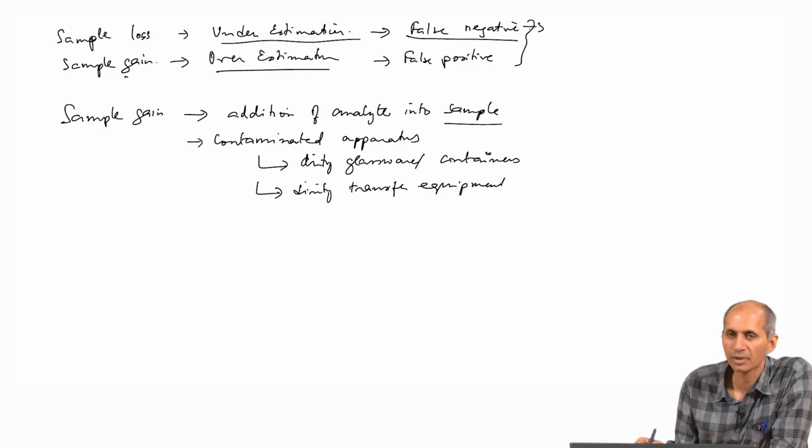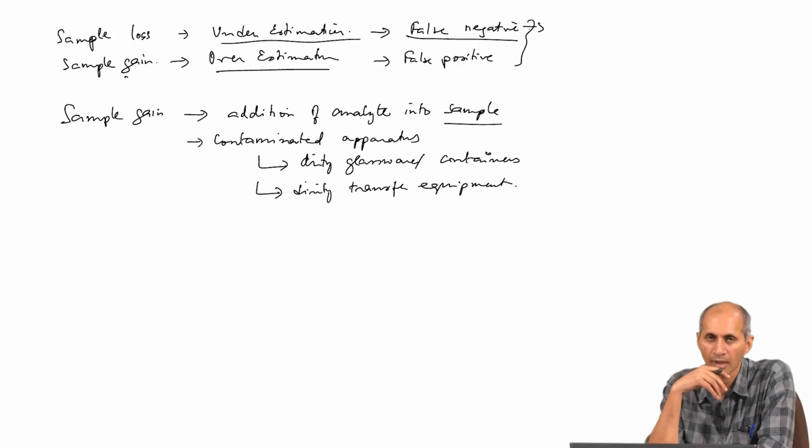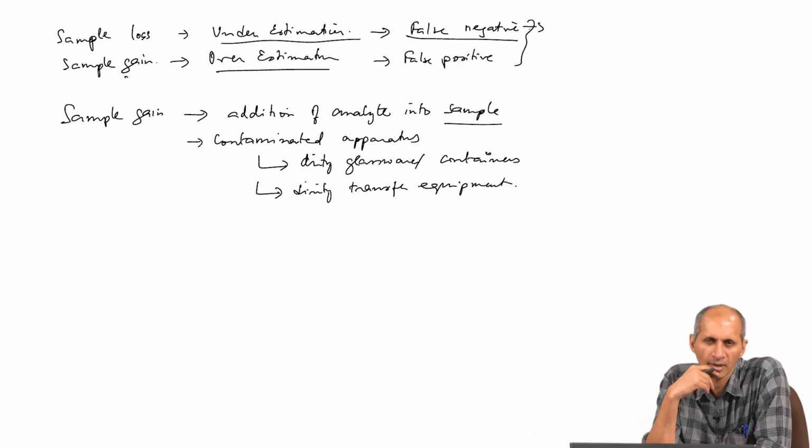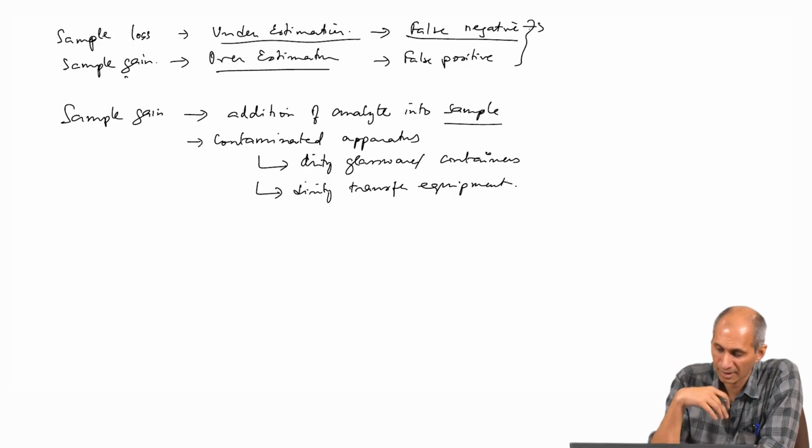For example, during the analysis and extraction there is a lot of transfer happening. In that, you might use a pipette for a higher concentration and dip it into a lower one, and that is contamination. It can transfer material from a higher concentration to a lower concentration, and that is a problem.